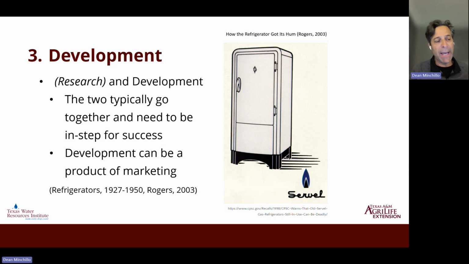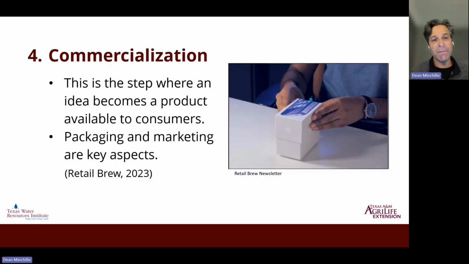So read that if you haven't read it, because that's pretty good.